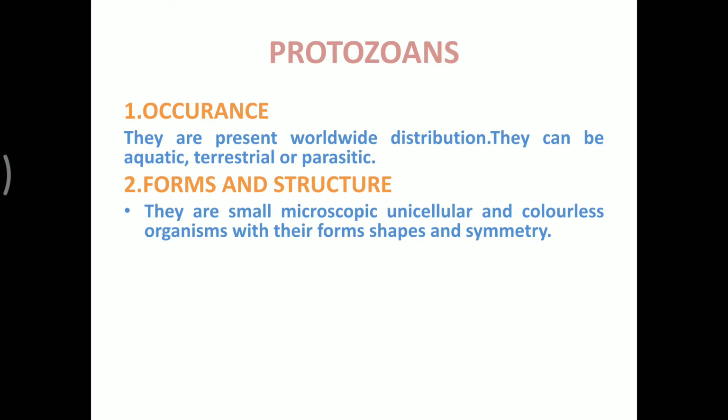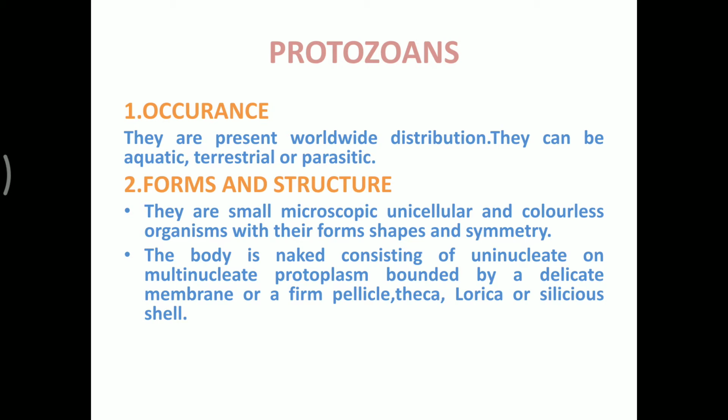The body is naked, consisting of uninucleate or multinucleate protoplasm bounded by a delicate membrane or a firm pellicle, theca, lorica, or siliceous shell. Outer covering can be a siliceous, silicon dioxide shell.